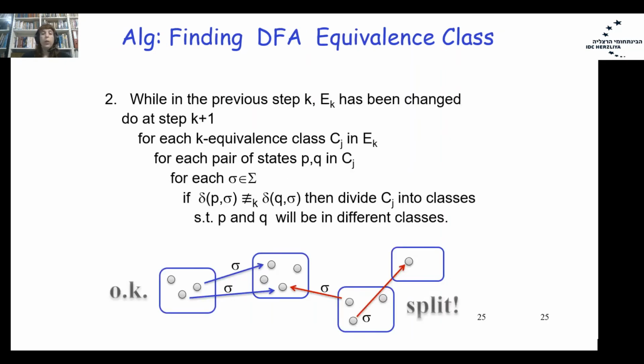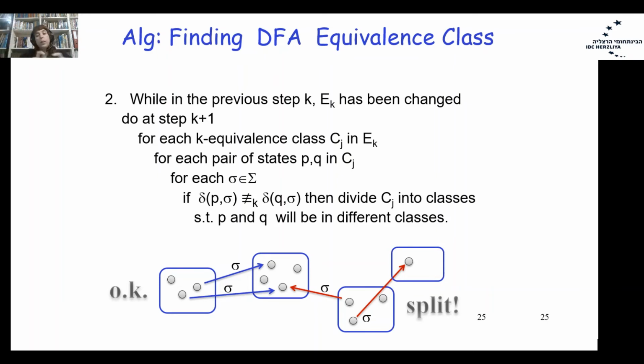We continue with the algorithm. While in the previous step K, EK has changed, do the following at step K plus 1. For each K equivalence class Cj in EK, for each pair of states P and Q in Cj, for each input letter sigma, check if delta(P, sigma) is not K equivalent to delta(Q, sigma).